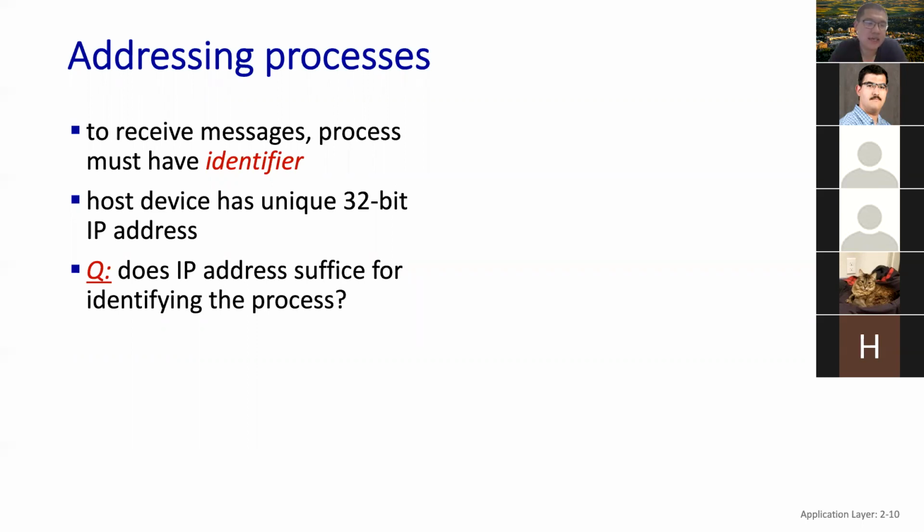But the question is, is the IP address sufficient for identifying the process? Can we just use the IP address to identify the process we want to communicate with or talk to? So anyone know the answer?